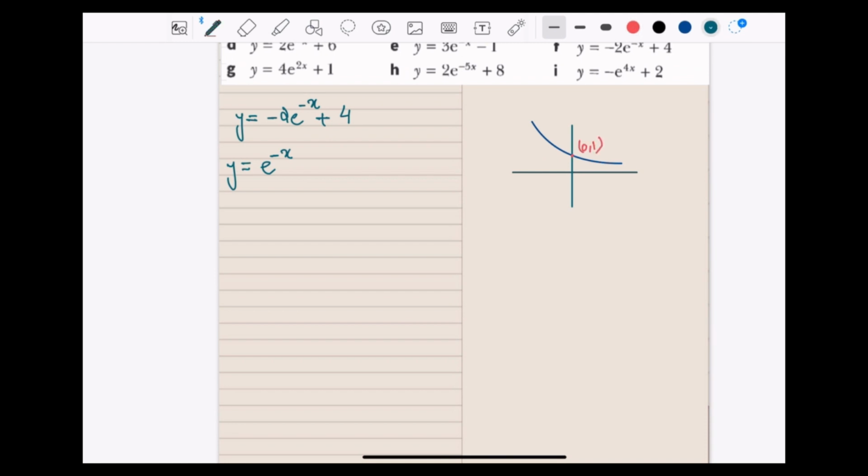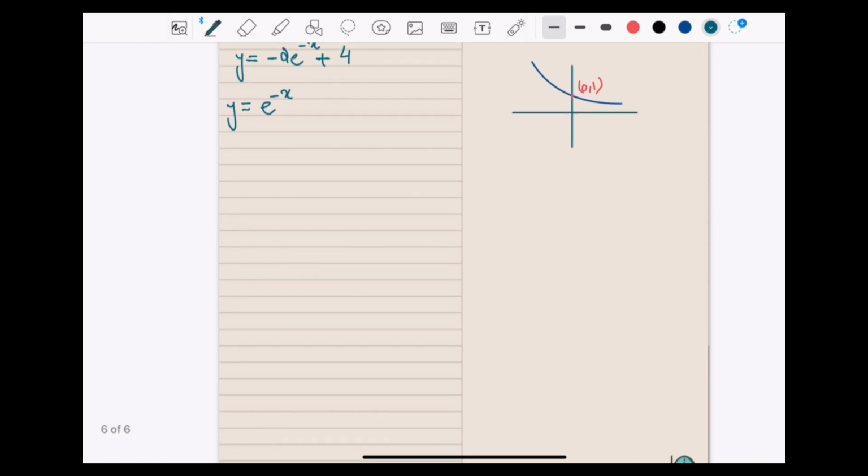Then if I multiply it with -2, the value here is not only multiplying, but since there's a negative sign as well, it's also reflecting.